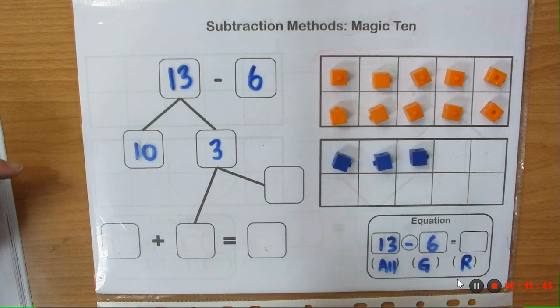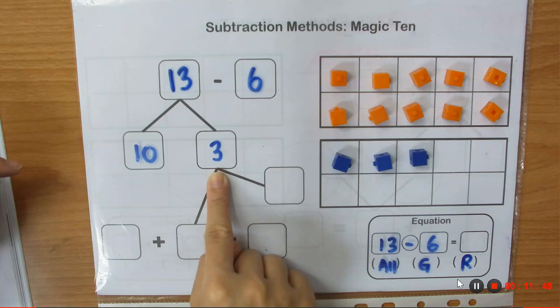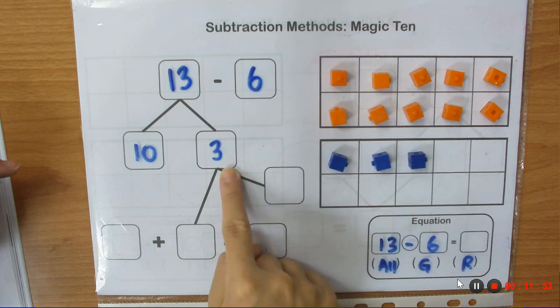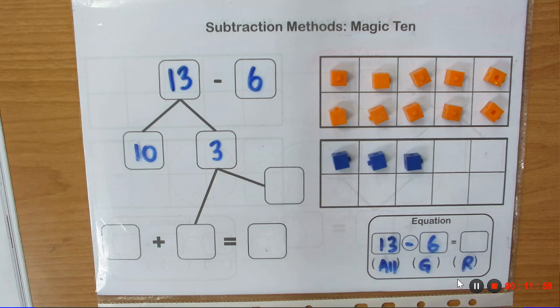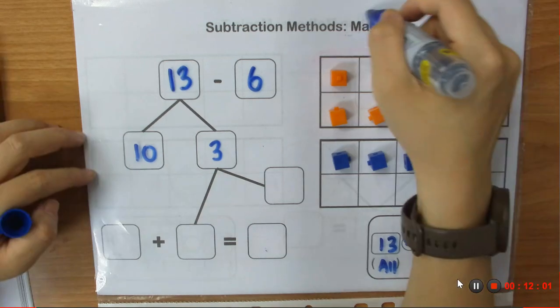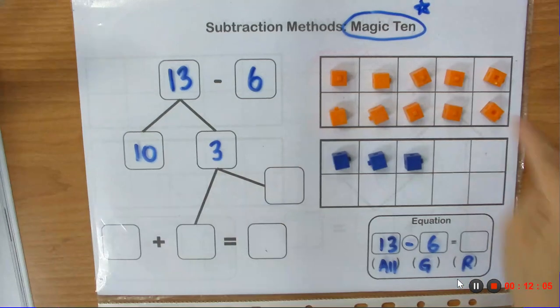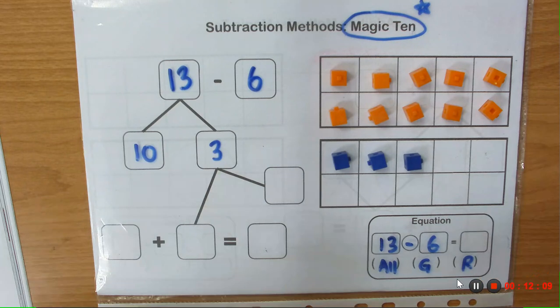That's just 3 ones. Can I minus 6 from these 3? Oh no, not enough. Yes, we'll go and ask Magic 10 for help. Help, Magic 10, help us please.